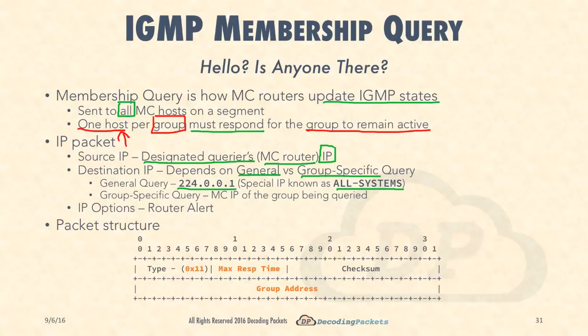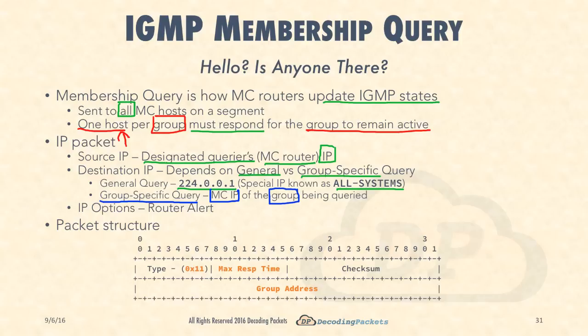Now, the group specific query is a lot more limited. You're inquiring about the status of a particular group, so wouldn't it make sense to only send it to the people who are supposed to be listening to that group? Well, it does to me. In this case, the destination is multicast, and the IP is the actual group being queried.